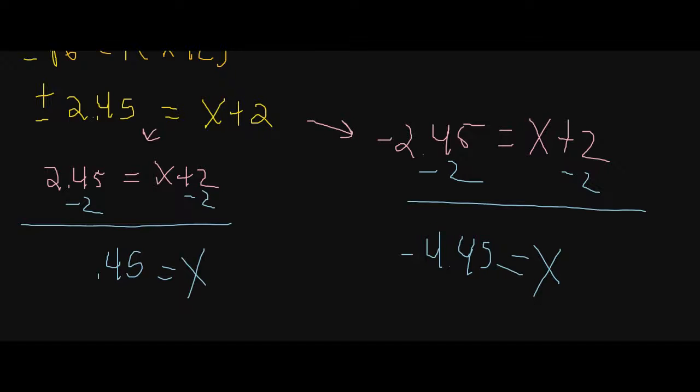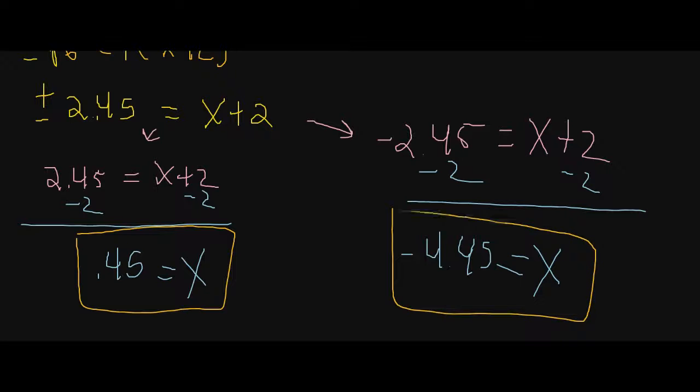There we go. Now I've solved for my roots. Again, if you wanted to, you could write it in factored form as y is equal to x minus 0.45, since this is positive, and then since this is negative, we get x plus 4.45.